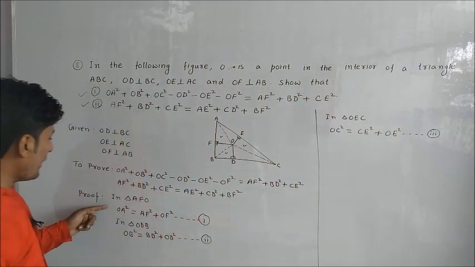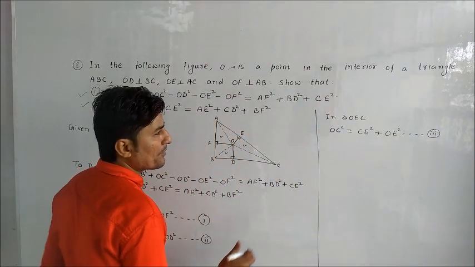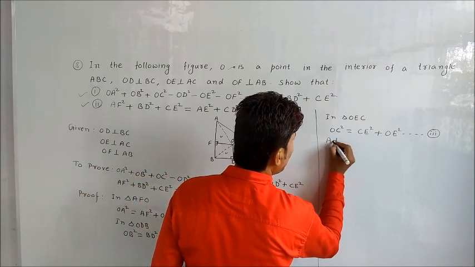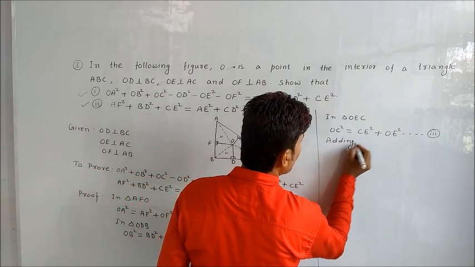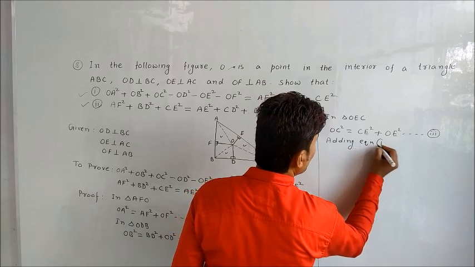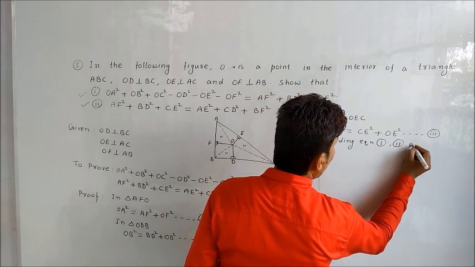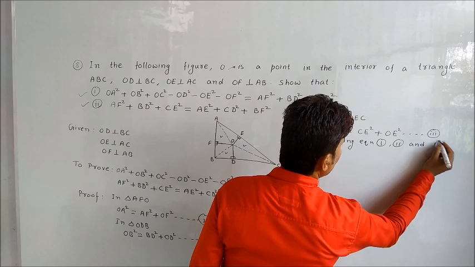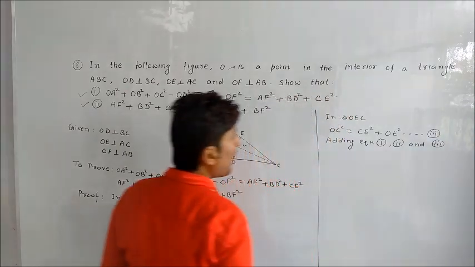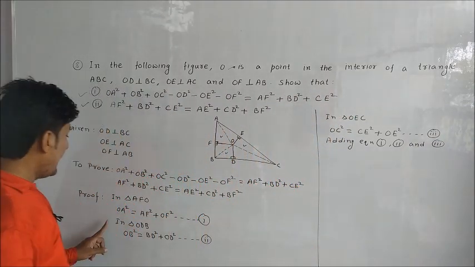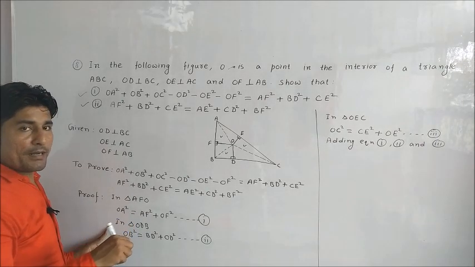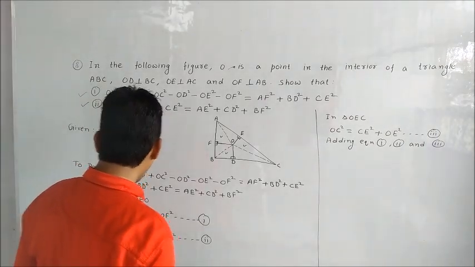After that, we have to add all the 3 equations together. So here we can write, adding equations 1, 2 and 3, the LHS part will be added to the LHS part, and the RHS part will be added to the RHS part.